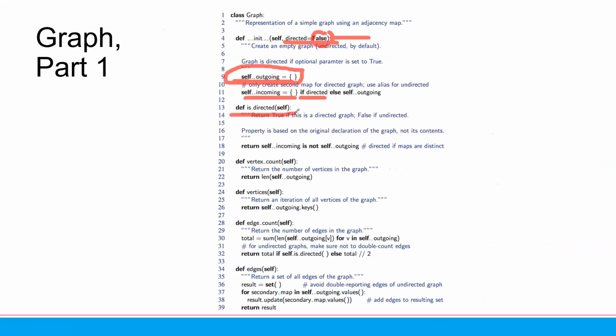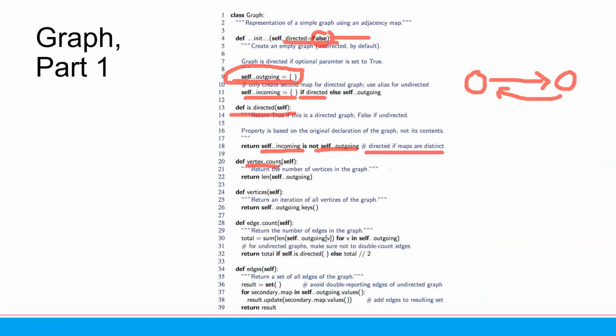We will check if it is directed or not. If it is directed, then we will have incoming is not outgoing. So we need to distinguish the node. So the incoming is not the outgoing. Okay, so that's the meaning of is directed.